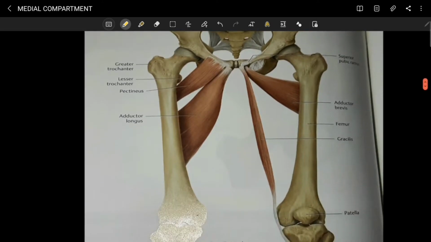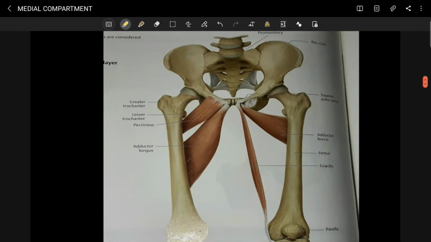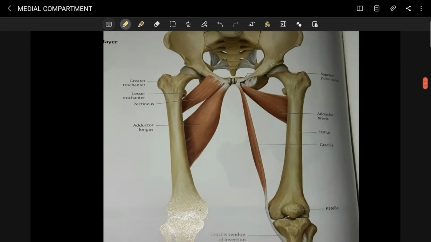Here we have a diagram of the lower limb. You can see this is the gracilis muscle, this long muscle. Gracilis is the most superficial and the most medial muscle in the medial compartment.